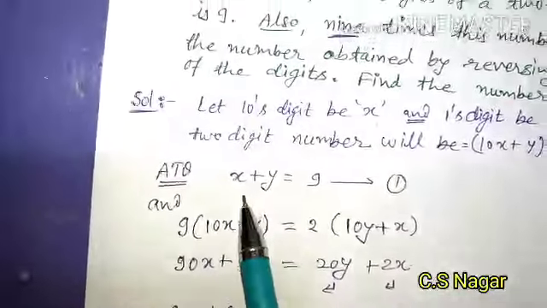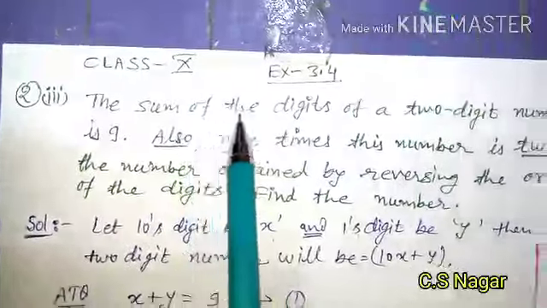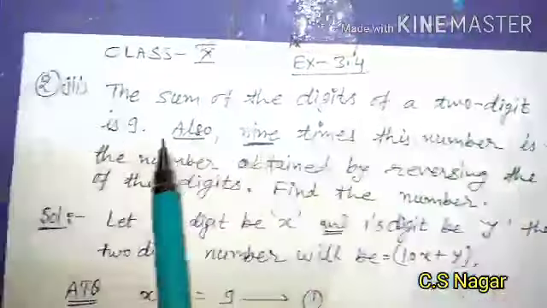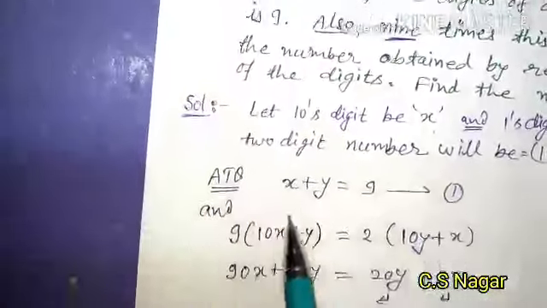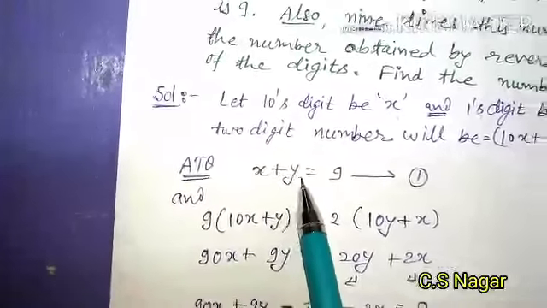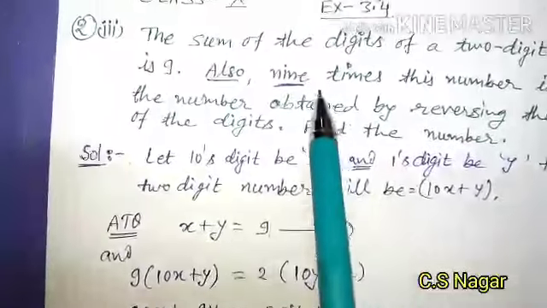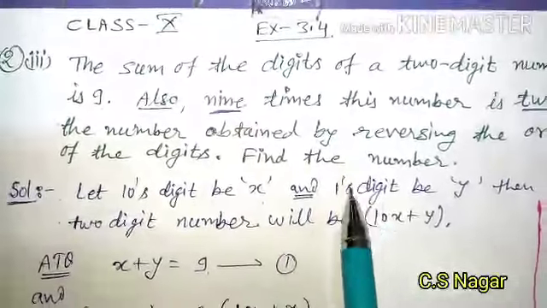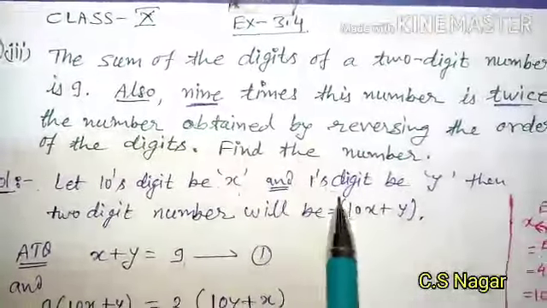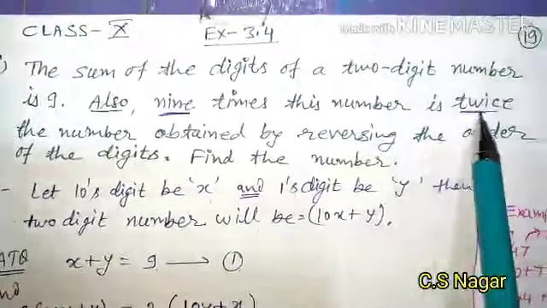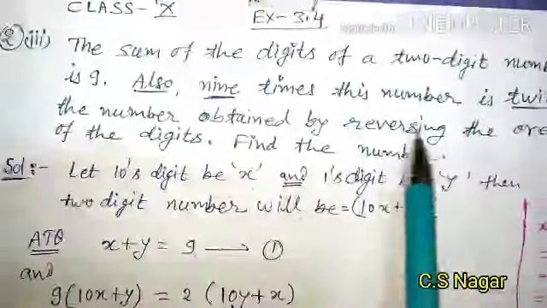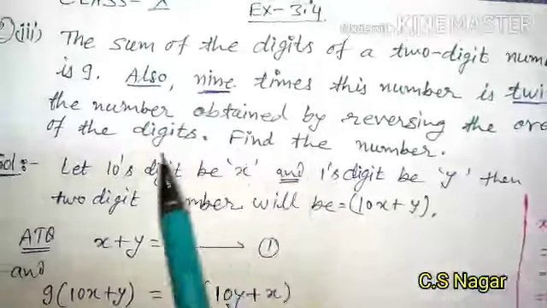Now, first condition, the sum of the digits of a 2-digit number is 9. So the first condition is x plus y is equal to 9. Now second condition, 9 times this number, that is 10x plus y, is twice the number obtained by reversing the order of its digits.